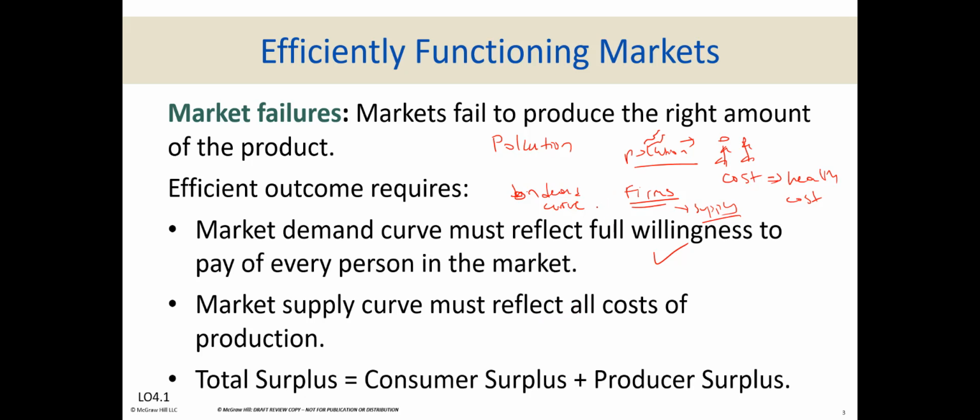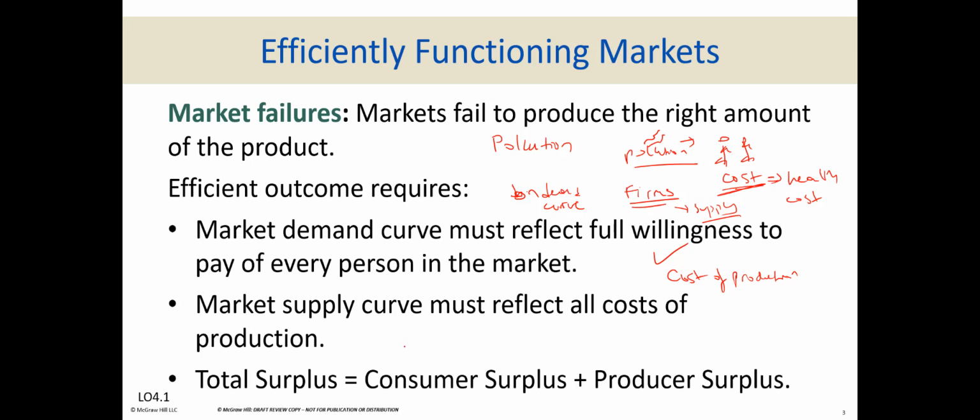Here, in the case of pollution, the market supply curve does not show all the costs. It shows the costs of production of electricity, but it does not show this external cost, which is the health cost to the people. Therefore, markets fail in that scenario because it does not represent the cost to the people who have health problems due to pollution in the air.